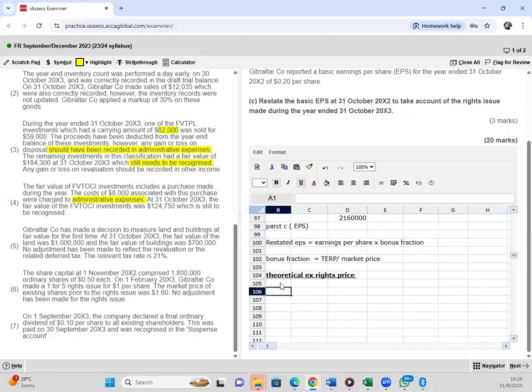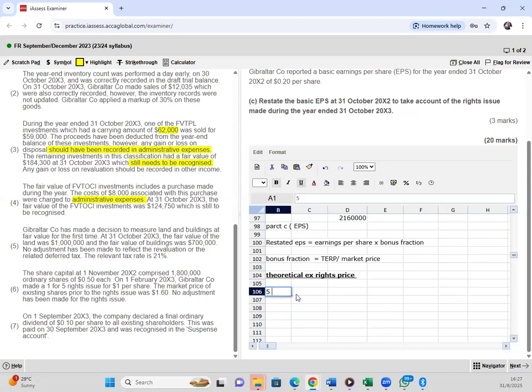For the theoretical ex-rights price, we say before the bonus shares, one share was going for $60. The question is saying 1 for every 5.